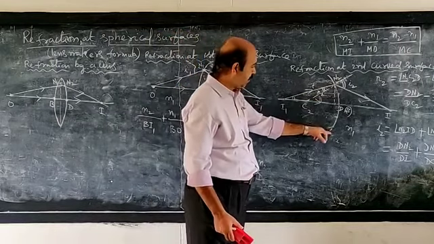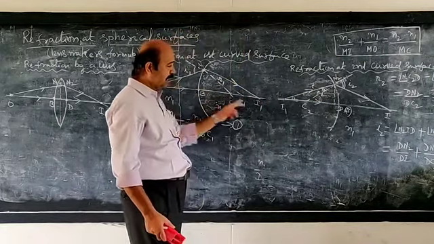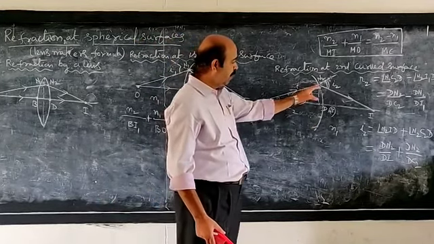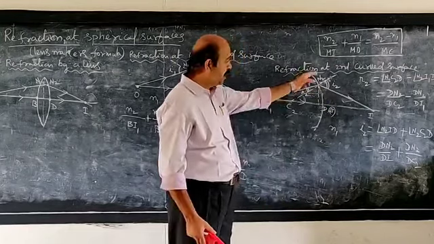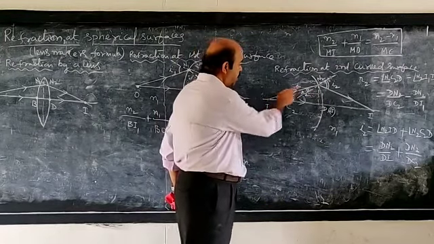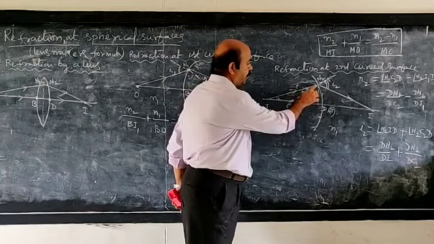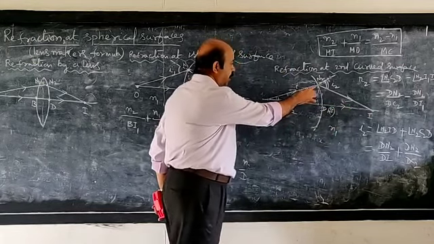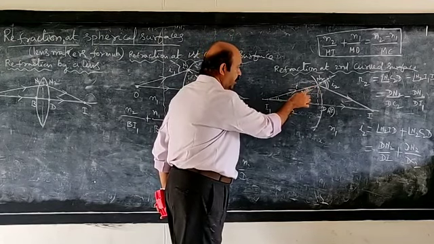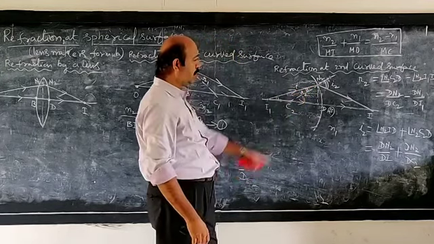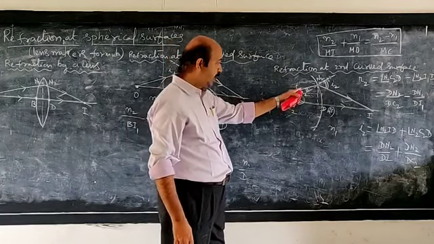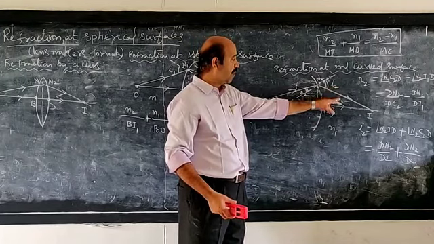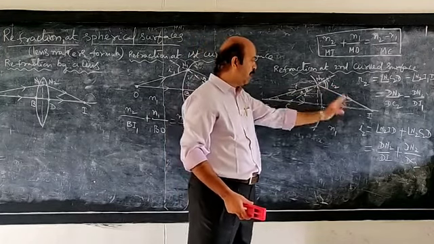For the second curved surface, the image I1 formed by the first surface acts as the object. I have drawn the figure for the formation of the image by the second surface. This is the incident ray, this is another ray, and after refraction they meet at I. From the figure, R2 is the angle of incidence in the denser medium at the second surface, and I2 is the angle of refraction when the ray comes out finally.